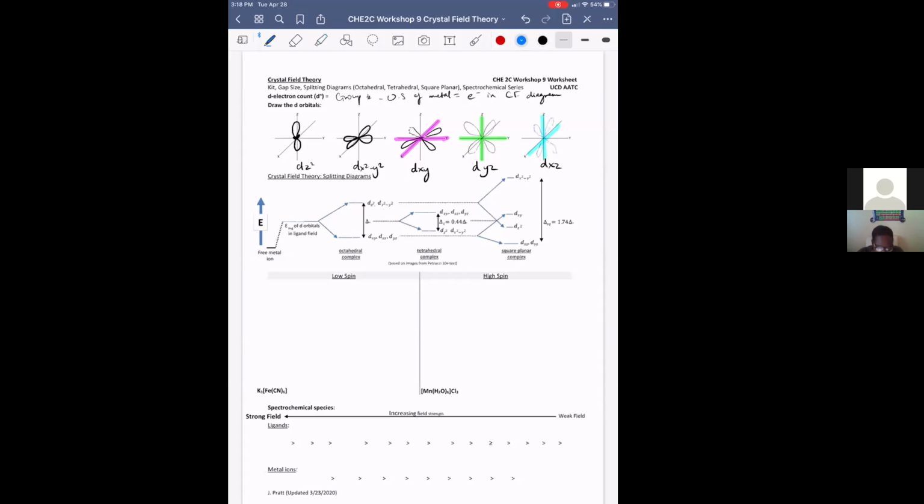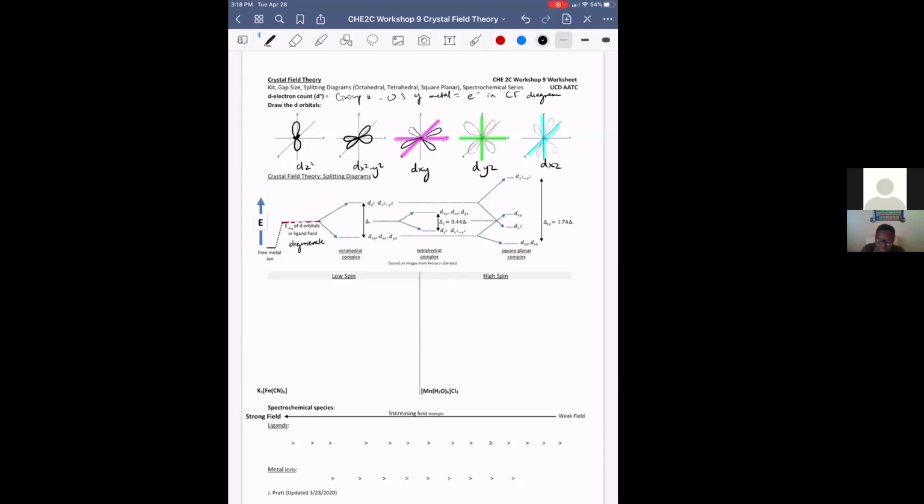Now what we want to think about is the fact that if we think about our d orbitals, we can start off with our d orbitals all having the same energy, right? So if they all have the same energy, we have 1, 2, 3, 4, 5 d orbitals. We'll just indicate them as lines now. So we have 5 d orbitals. They all have the same energy, so any orbitals that have the same energy we'll call degenerate.